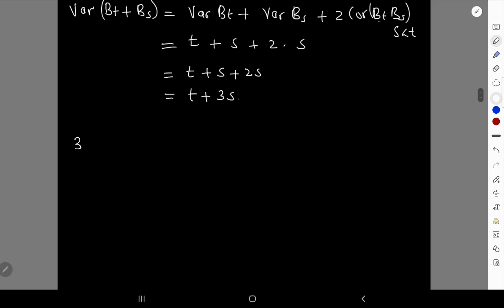We look at example 3, which is the expectation of (B_T minus B_S) raised to power 4. We are going to use the normality property and the standard normal property.